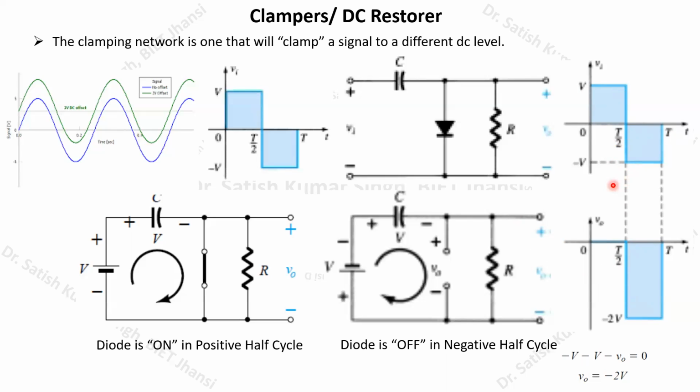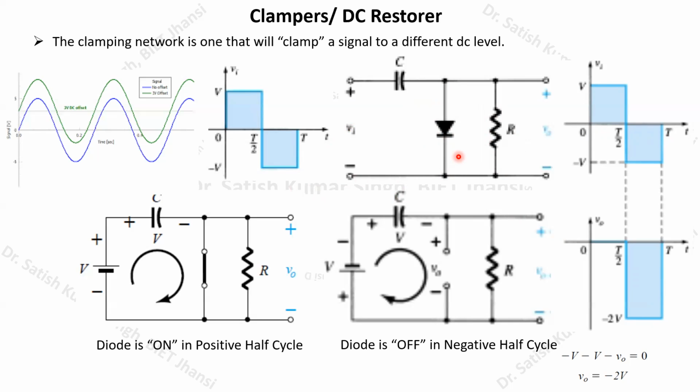We have to always take care that while solving clamper circuits, these circuits can have any kind of waveform, but normally we have to start solving this network for that particular cycle of the input waveform that will make the diode forward biased. You remember that. That will help you to find out the exact waveform. Otherwise, if you start with the negative cycle initially, it may give you certain wrong results.